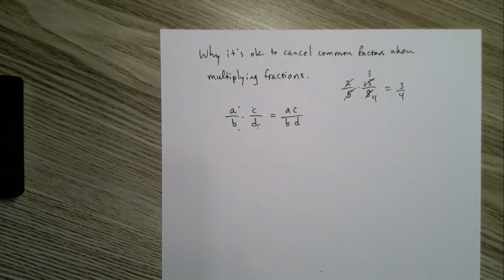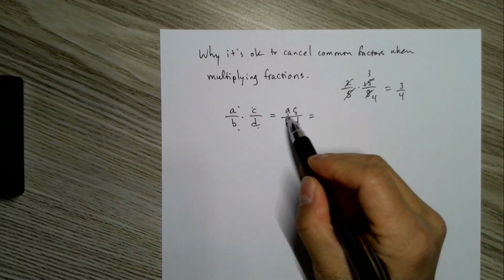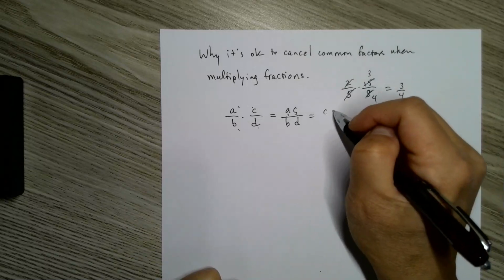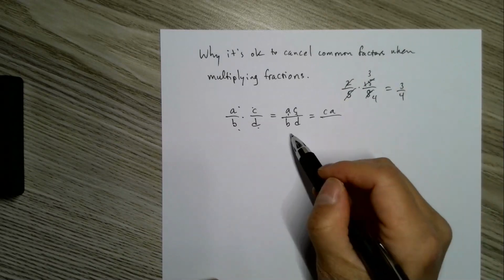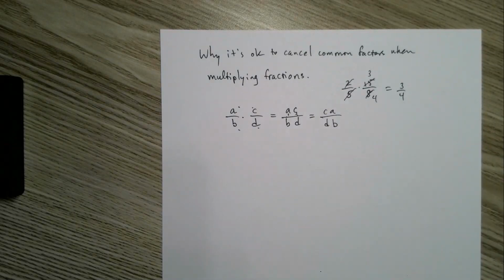The second thing, which is even more basic, is that you can change the order of A and C to C and A, because you're multiplying them. You can change the order of B and D to D times B, because something called the commutative property tells you that you may.